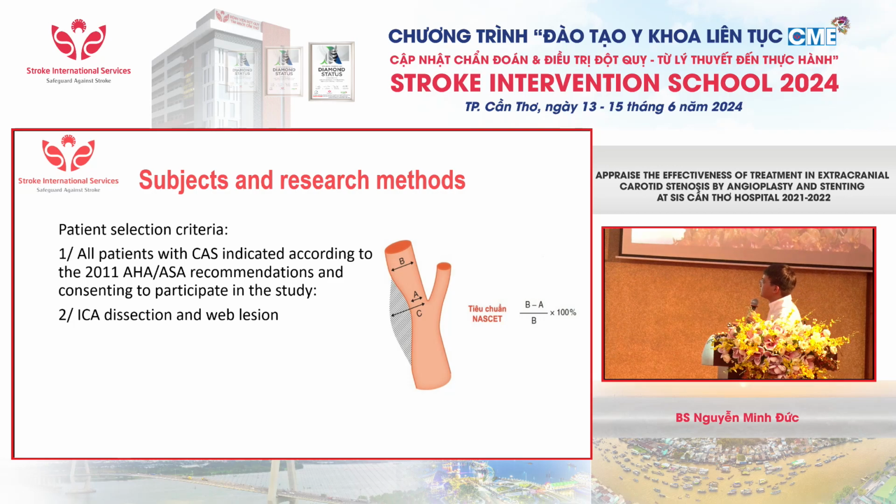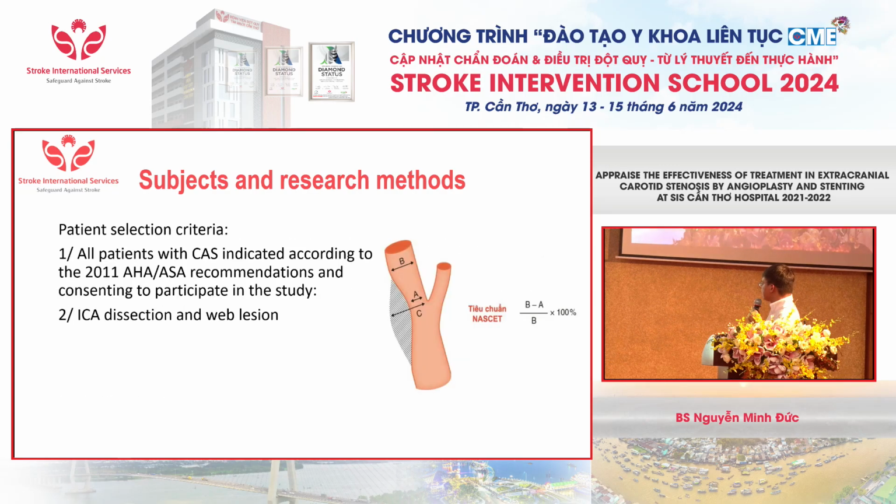So now the subjects and research method, the patient selection criteria. First, patients with indications according to the 2011 AHA or ASA guideline recommendation and consenting to participate in the study, or ICA dissection and web lesion.